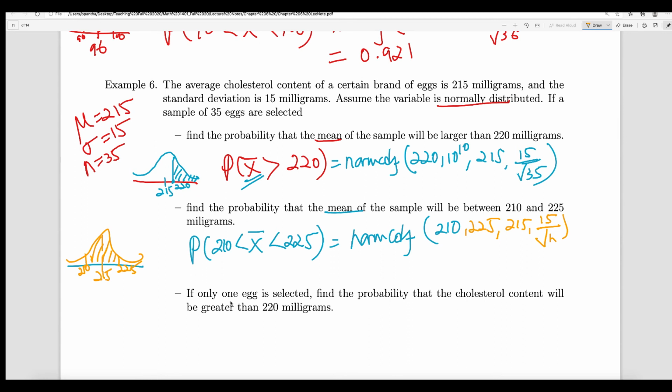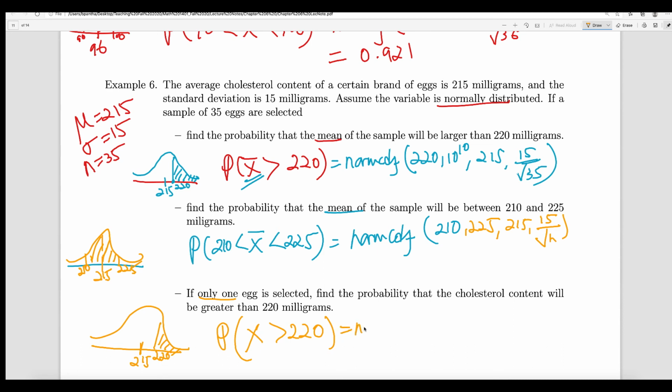Now, if there are more than one egg, then you need x bar. But if only one egg is selected, what it is asking is the probability that x is greater than 220. See, if only one egg is selected, find the probability that the cholesterol content will be greater than 220. So again, the figure will be the same, right? 215 is the mean, and then you will just find out that 220.